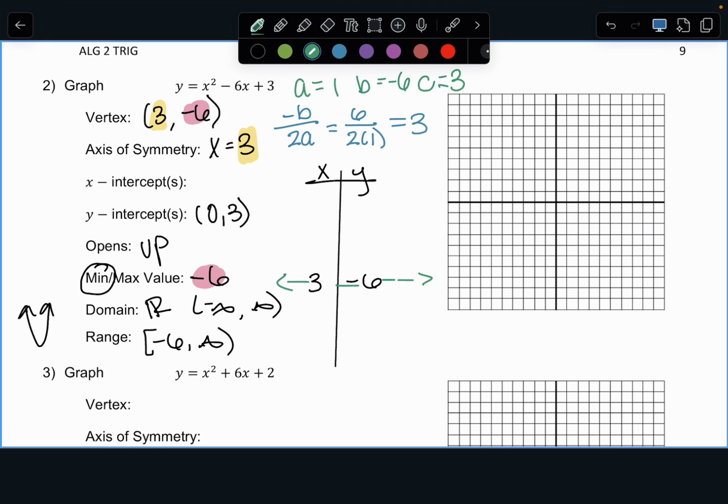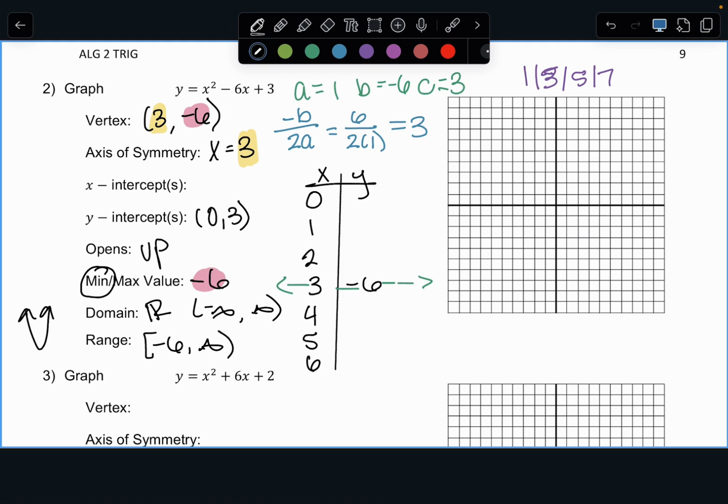Okay, table time. A is 1. So I don't need to do anything special. I just have 1, 3, 5, 7 that I'm adding each time. In the X column, what do I need to count by? 1. It is always 1. If you do something else besides 1, your entire graph will be messed up. So I'm going to count down by 1 and up by 1. Okay.